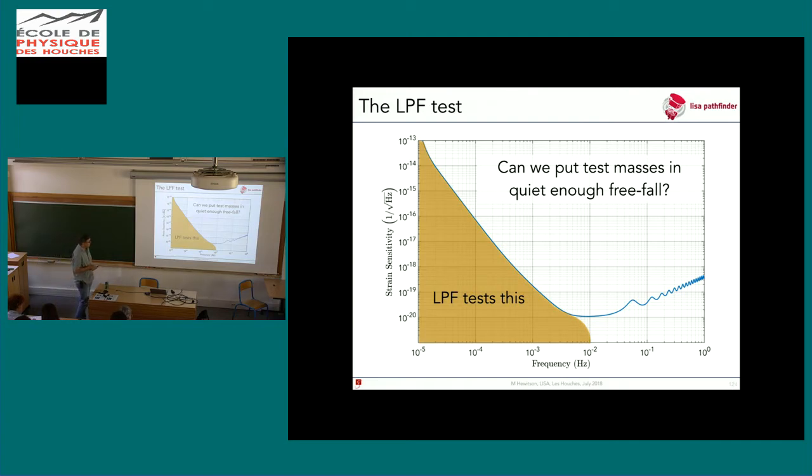Okay, so there are some challenges there to simulate that, but nonetheless, a free-falling test mass is almost impossible to do on the ground at this sort of level. There were attempts to do it with torsion pendula and things like this, but to get down to the level we need here is pretty much impossible to do on the ground. So LISA Pathfinder was envisaged to test this part of the LISA noise curve and show that we can really build a satellite that allows us to do this.